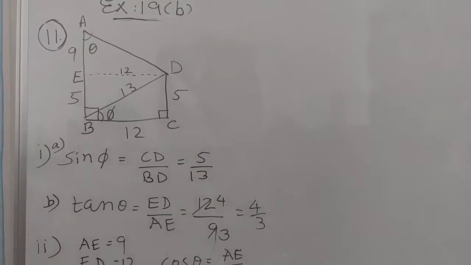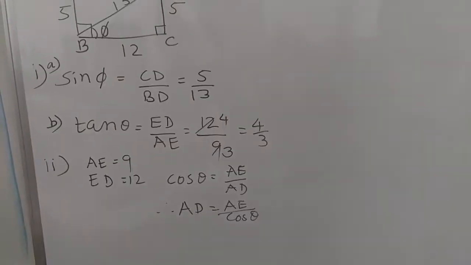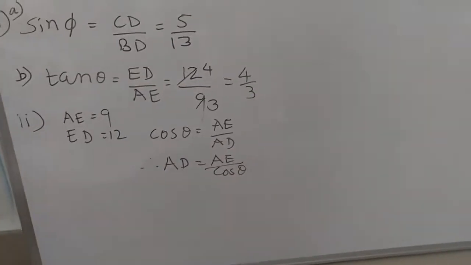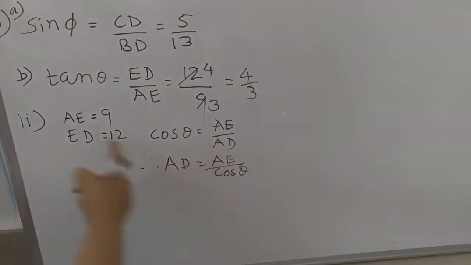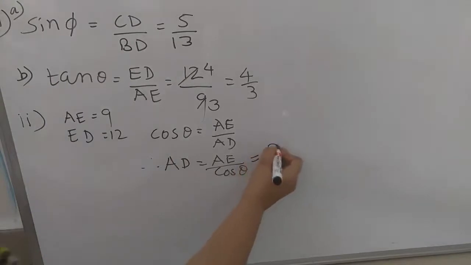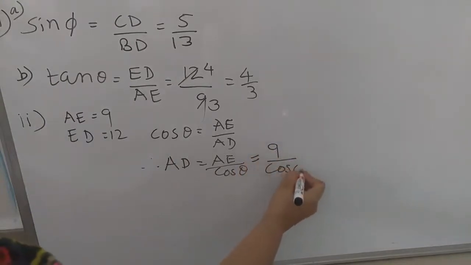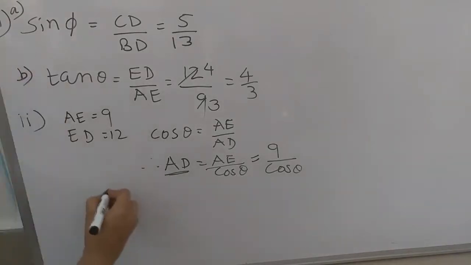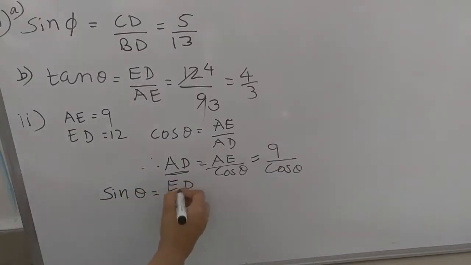We want to write AD in terms of cos or sine. AE value is 9, so I write 9 by cos theta. This is the first value of AD we found. In another way, I would like to write the sine theta value. Sine theta is opposite, that means ED upon hypotenuse AD.